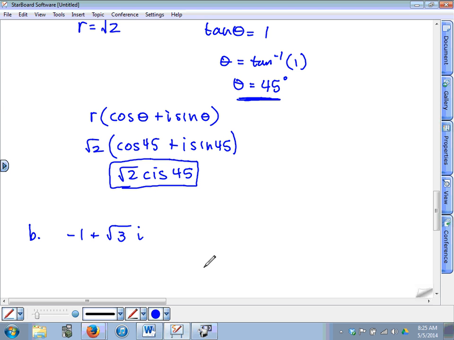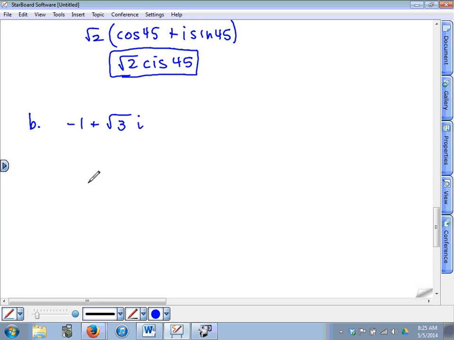So planning ahead, you should expect to get an angle between 90 degrees and 180 degrees when you're finding the argument of this. So anyway, r is equal to the square root of a squared plus b squared.